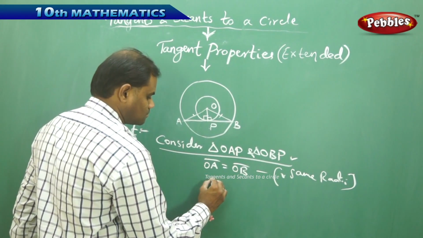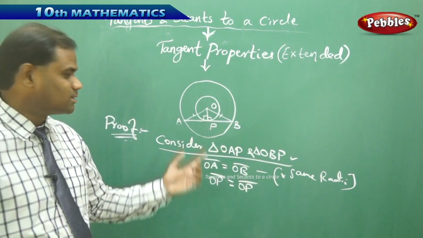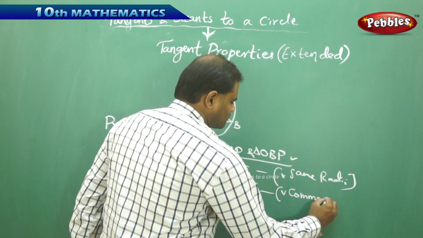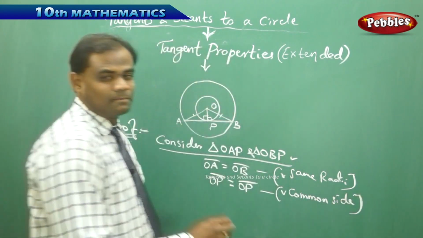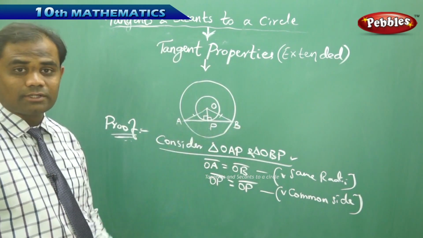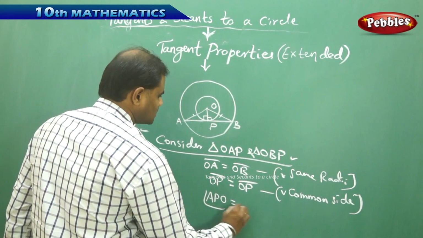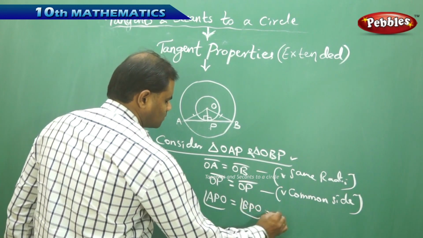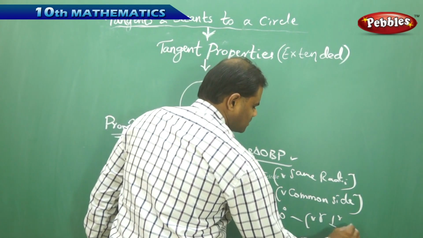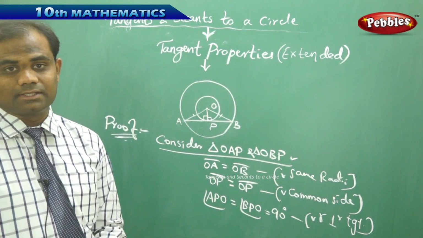Next, OP is equal to OP because it is the common side for the two triangles. Similarly, angle APO is equal to angle BPO, which is equal to 90 degrees, since the radius is perpendicular to the tangent, which we have already discussed as the theorem.